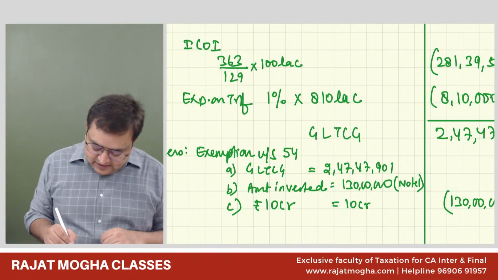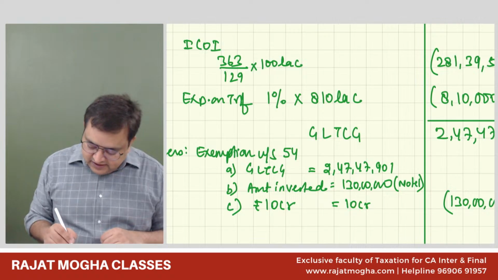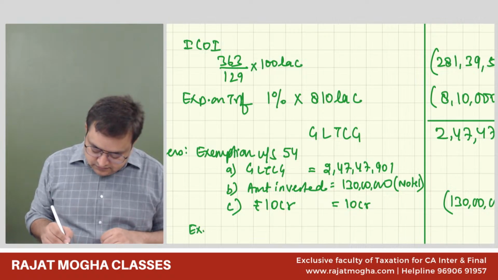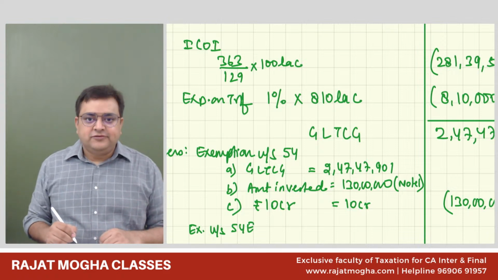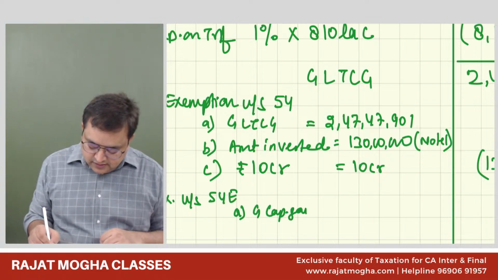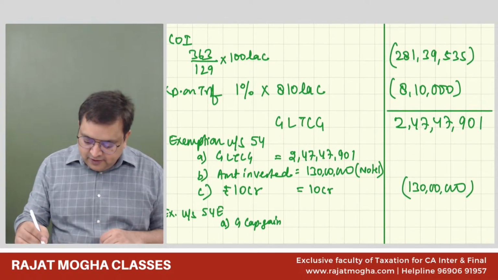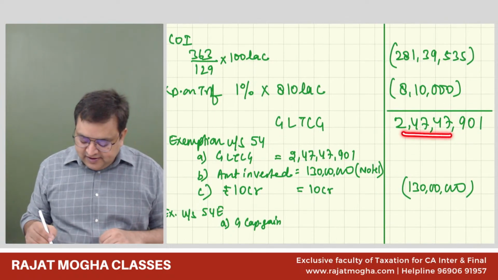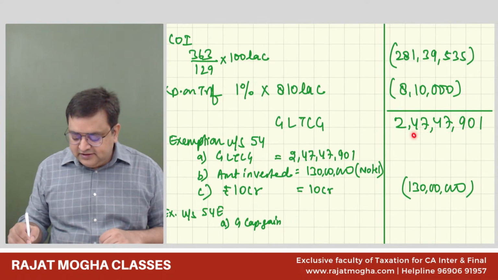So again, we'll give an exemption under section 54EC. What is 54EC? 54EC is on gross capital gain. And how much is the capital gain now? 2 crore 47 lakh? No. See, we have already taken this exemption.